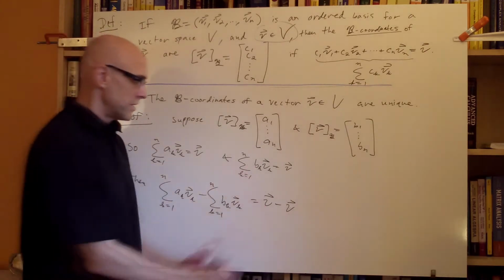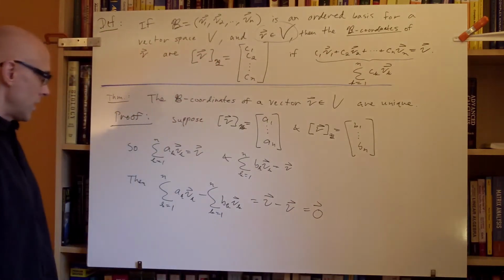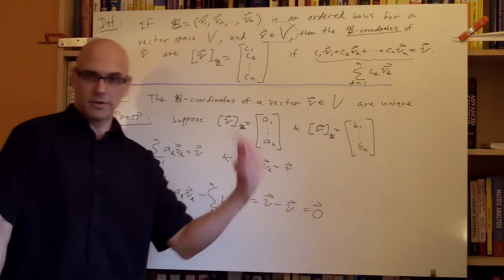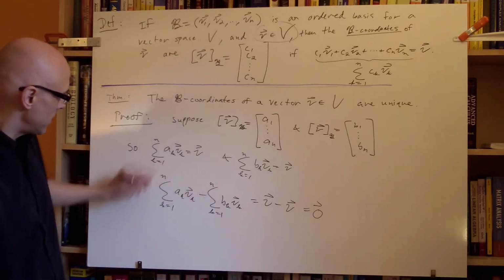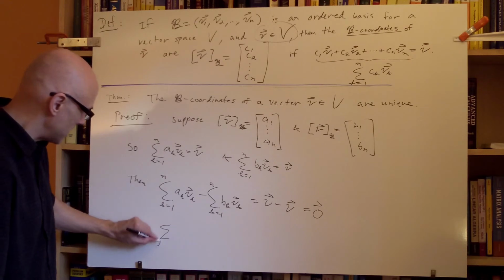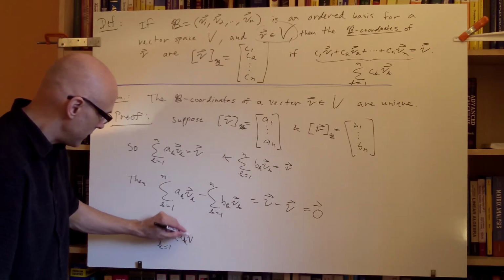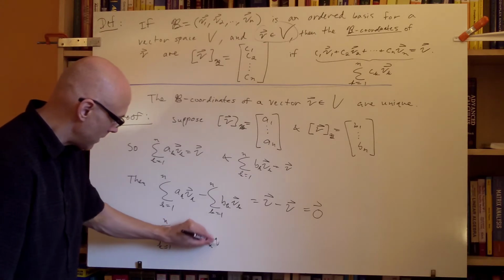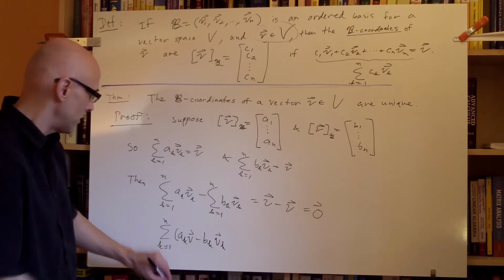Well, V minus V is the zero vector, so we know that. So this is equal to the zero vector. Okay, so let's see where that takes us. We can combine these sums. This is the sum as k goes from 1 to n of Ak Vk minus Bk Vk. Ooh, something funny going on? No, it's fine, okay.